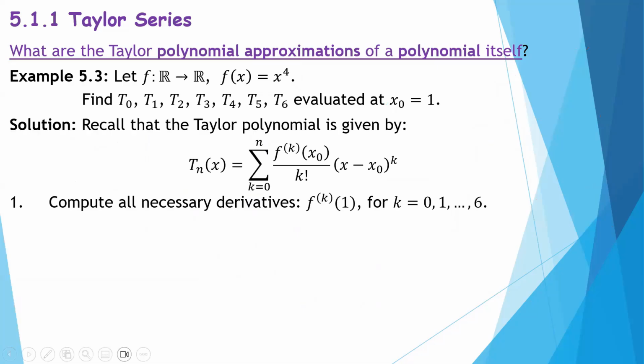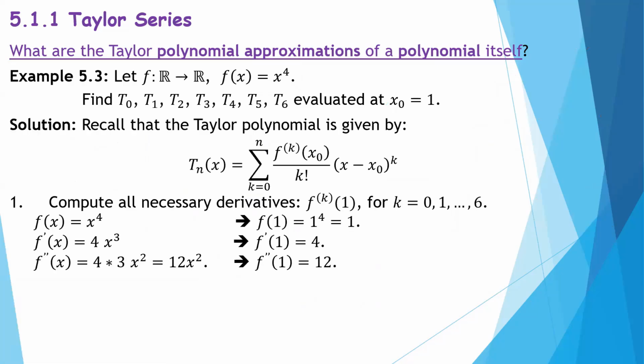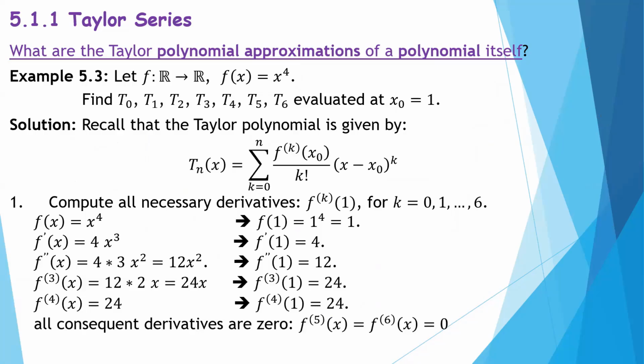So here are the calculations. First we need the derivatives. We notice that the fourth derivative is 24, and then for all higher derivatives, the derivative of 24 is 0. So all derivatives of order 5 and higher are 0 because it's a polynomial of degree 4.